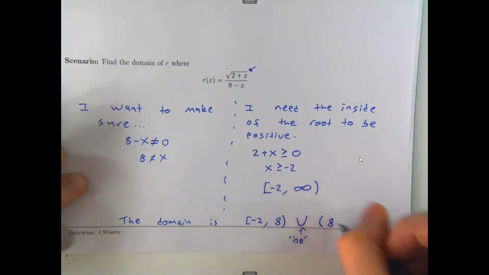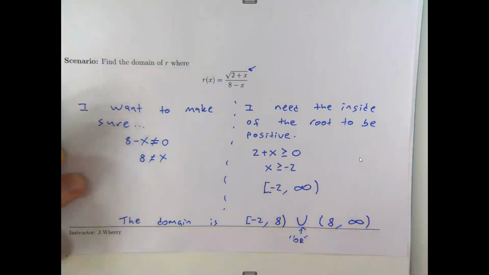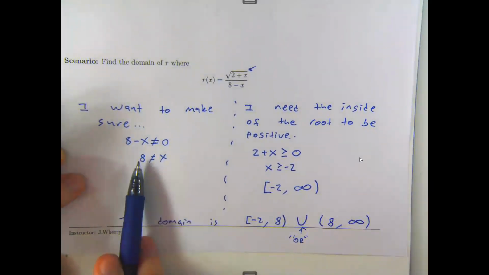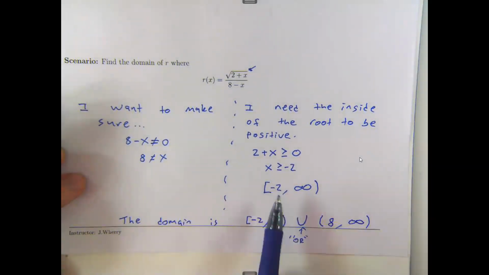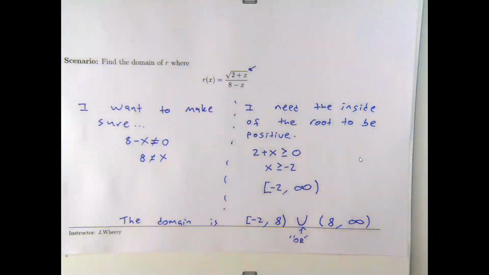It's from 8 to infinity. If you just said x can be equal to 8 and you need it to be from -2 to infinity, I would know what you're talking about. The way that we would write this is this, though. It's from -2 to 8, and it's from 8 to infinity. It's really anything in this range except for the number 8.